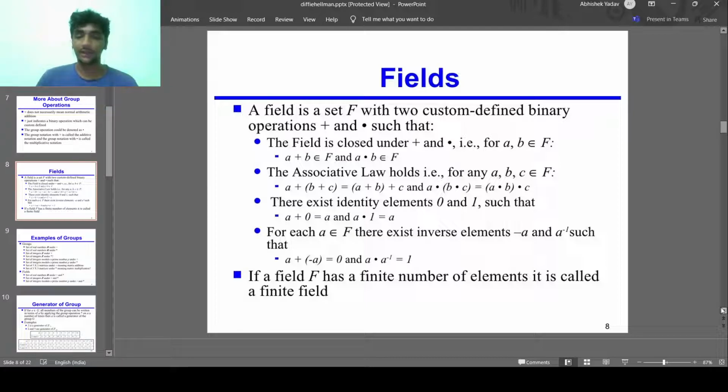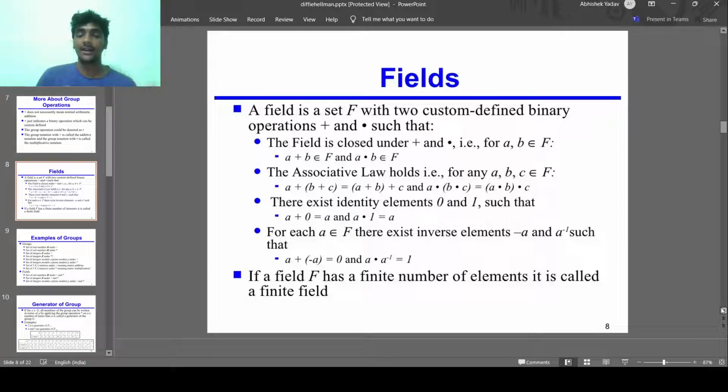Also, for every field there exist identity elements. For the addition operation we have 0, and for the multiplicative operation we have 1, such that for every A belonging to F, when the binary operation is performed with these identity elements, the result is A itself.